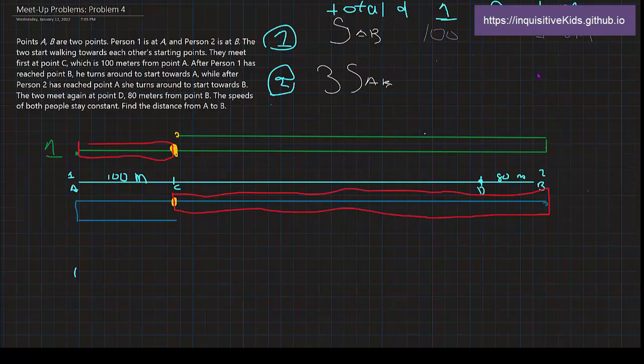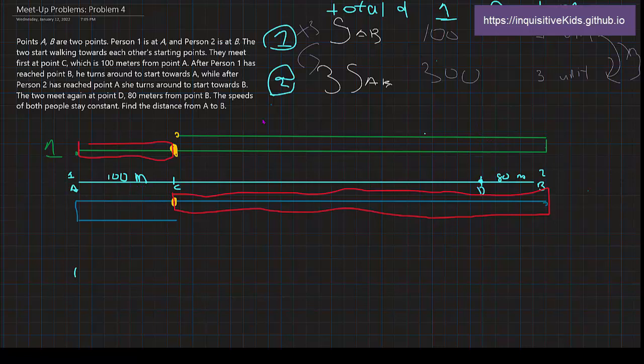Down here, that would be 3 units of time because there are 3 SABs. So how much would person 1 have walked by the second one? Notice this is times 3, and this is times 3 as well. Of course, it would be 3 times 100, which is 300. So it means that the total distance is 300.